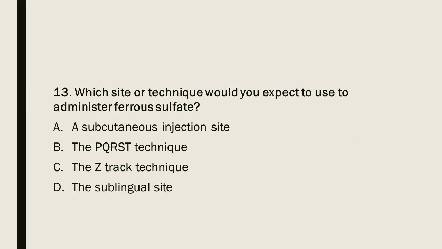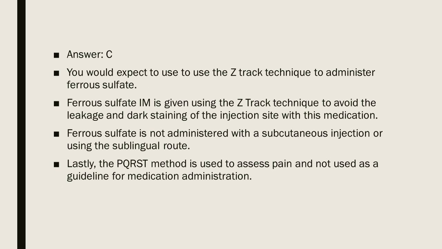13. Which site or technique would you expect to use to administer ferrous sulfate? A subcutaneous injection site. The PQRST technique. The Z-track technique. The sublingual site. Answer C. You would expect to use the Z-track technique to administer ferrous sulfate.